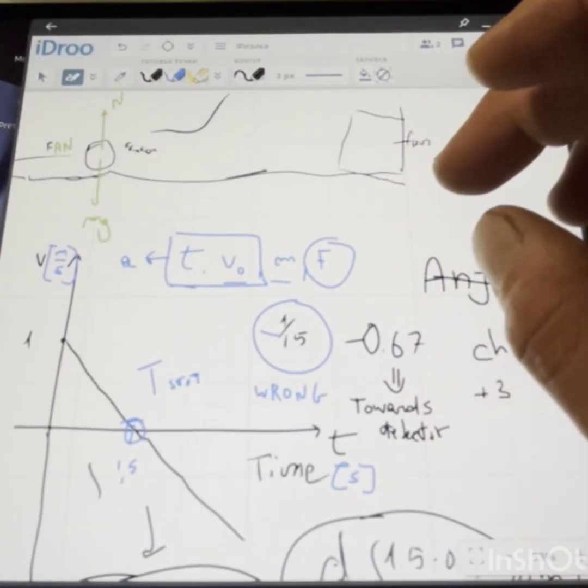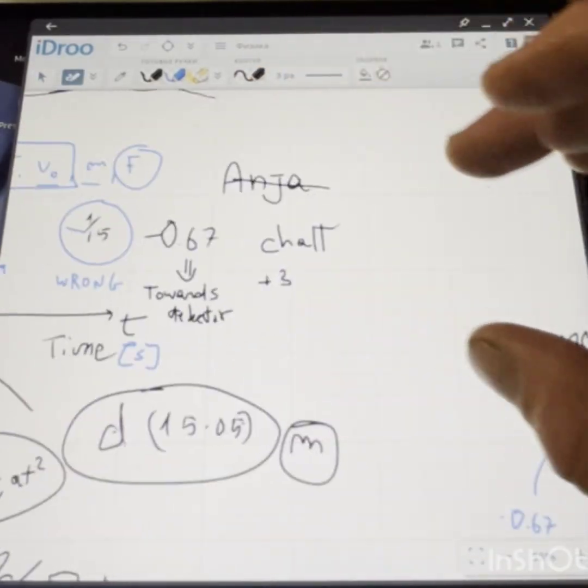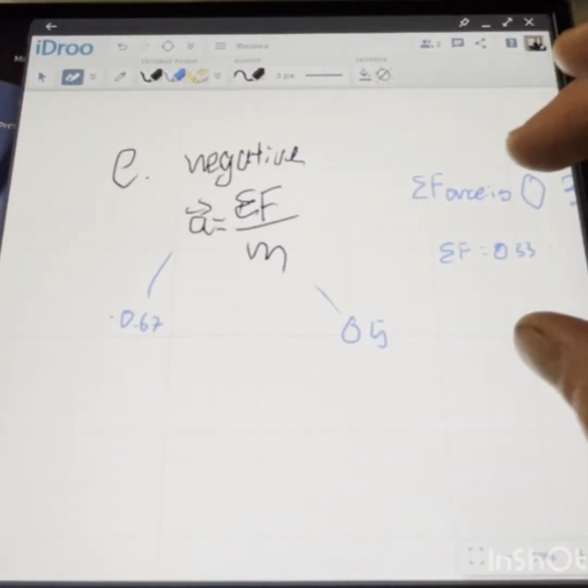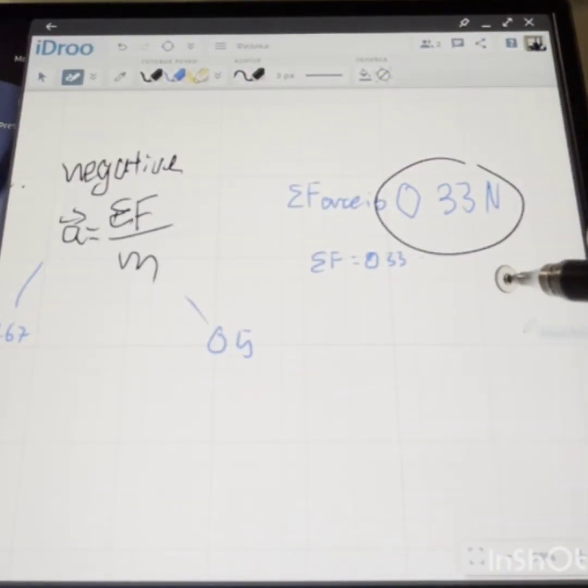And the velocity should be in meters per second, and the acceleration shall be given in meters per second squared. So this is good. Now let's go for the fan force, given a friction of 0.1 Newton.